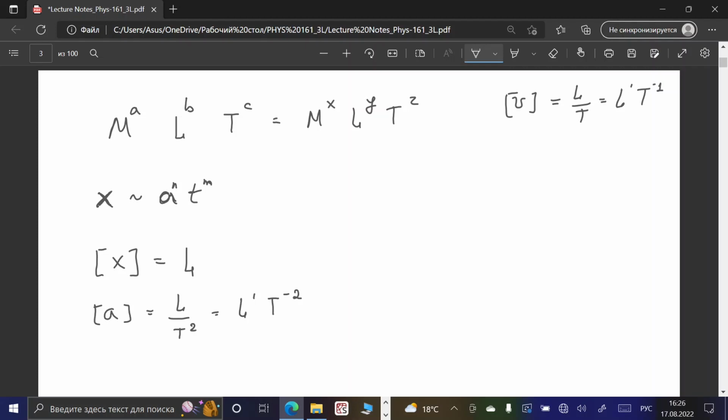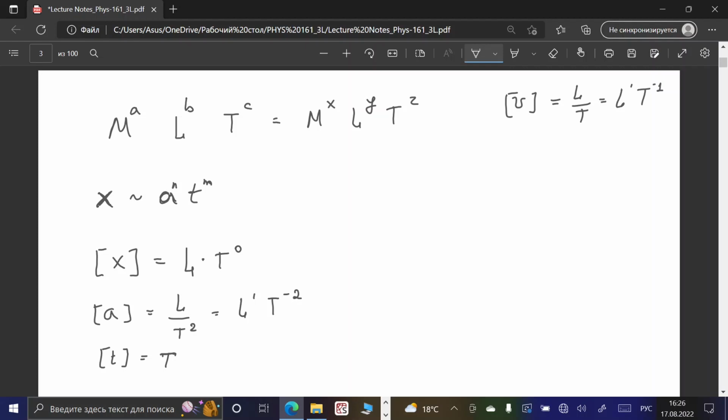In the same manner, we can write for length T to the power of 0, which doesn't mean anything, it will be just unity. We also have another parameter, which is T, and its dimension is just time, capital T.